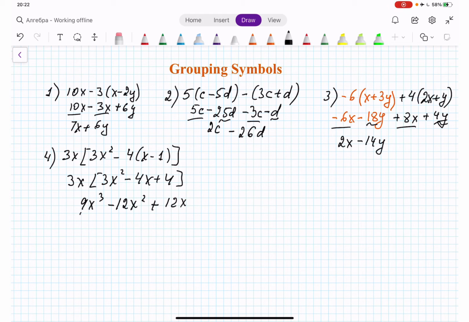Question number 5. So we have twice square brackets 3 times x plus y and minus 4 times 6x minus 2y.